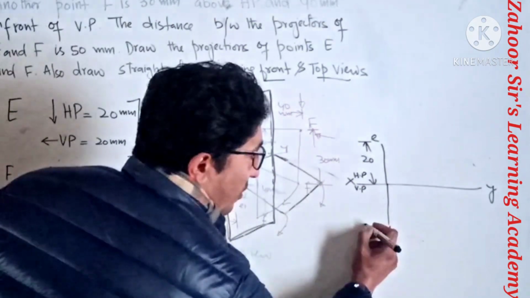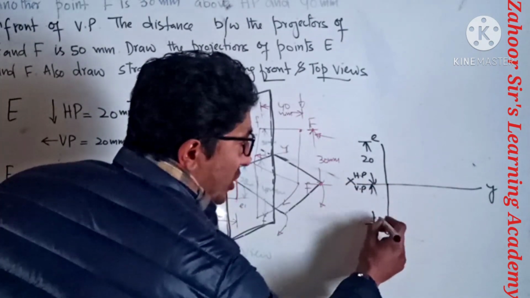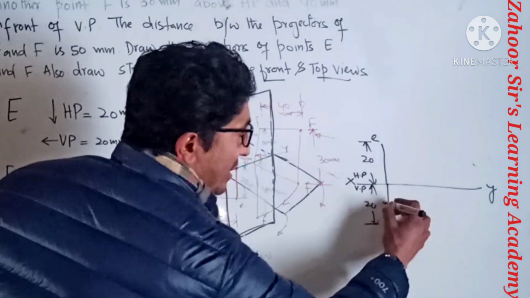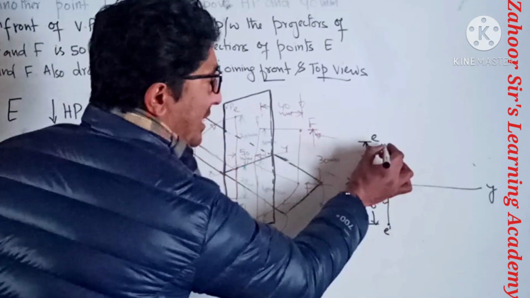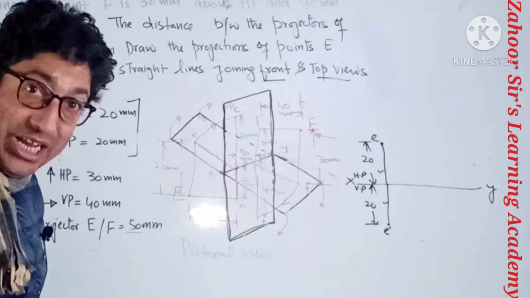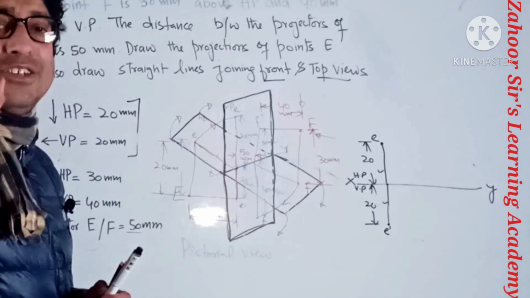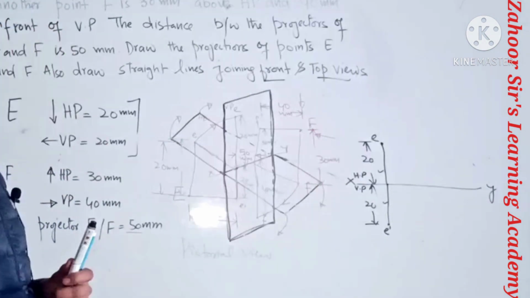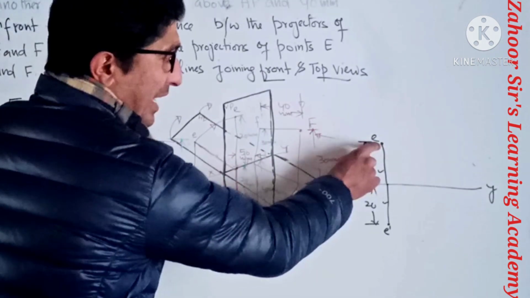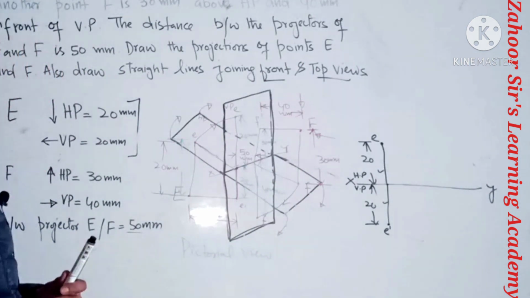So this is the point, and these are the projectors. This one is the projector and this one is the projector, and these are the two points. And these projectors should be, my dear students, drawn very light, with 3H or 4H pencils. And this E and E prime should be drawn by HB pencil.